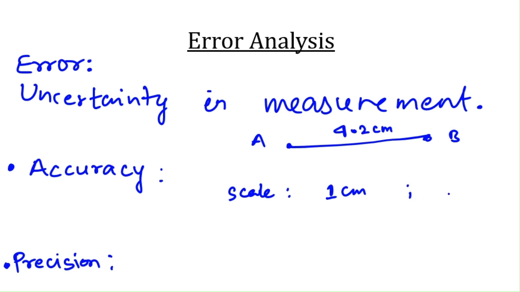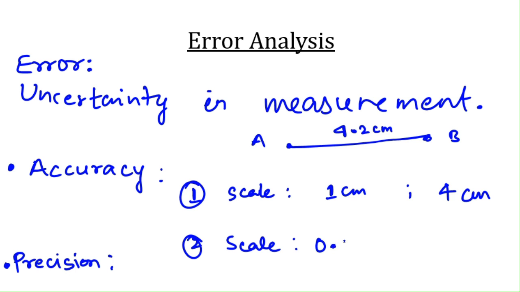So let's say we are getting the value 4, so 4 centimeters. Now we are measuring the same line segment with another scale. Let's say this is the second scale, and it can measure up to 0.1 centimeter. So the least count is 0.1 centimeter for this scale, and we are getting the measured value 3.8 centimeter.